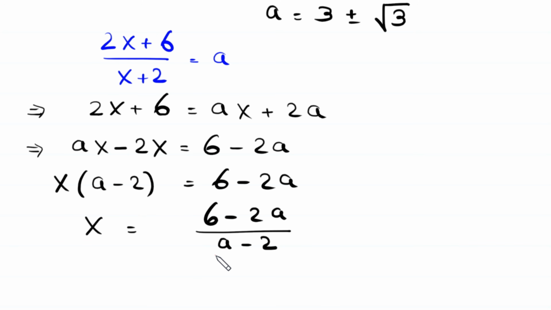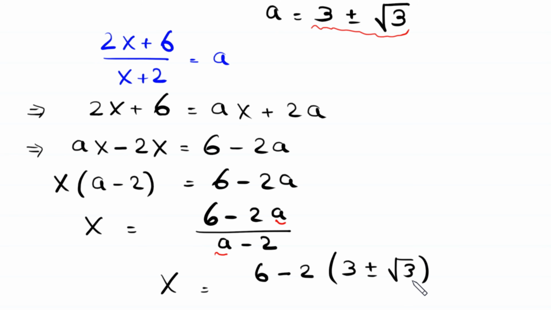We replace this a and this a with this value 3 plus minus root 3, then this will become x is equal to 6 minus 2 times 3 plus minus root 3, divided by 3 plus minus root 3 minus 2.